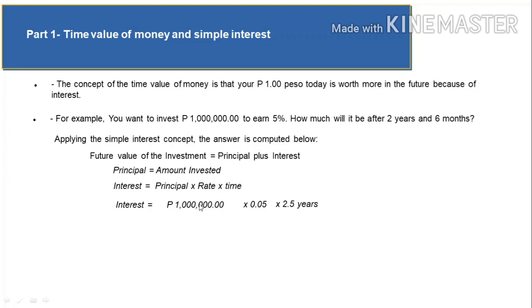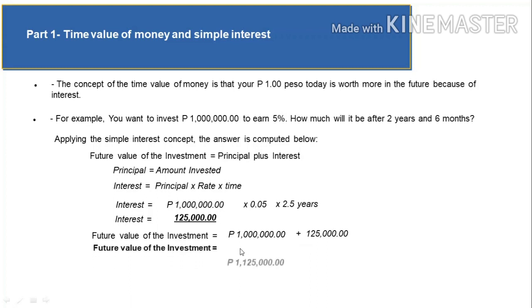So again, 1 million times 0.05 times 2.5 years is 125,000. So in order to get the future value of the investment, we need to add the principal of 1 million plus the interest of 125,000. We have 1,125,000. So that's it for part 1.